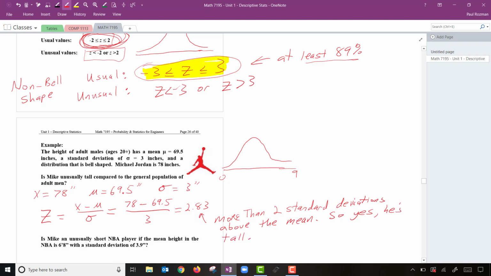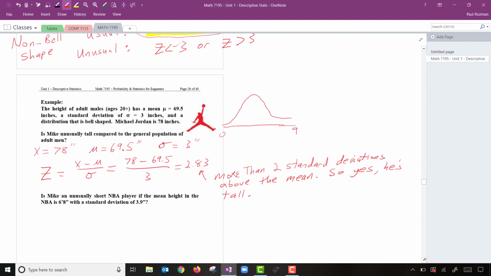But as a basketball player, is Michael Jordan tall? Again, going to Wikipedia, we go and find the mean height of an NBA player, and they tell me it's 6 feet 8 inches, which translates to 80 inches, and the standard deviation is 3.9 inches.